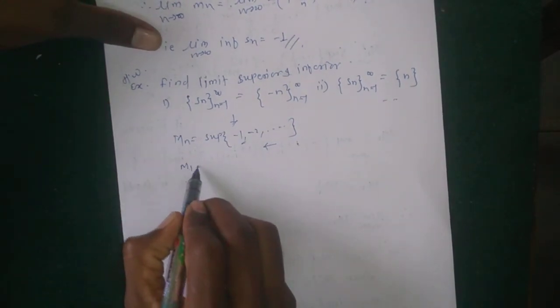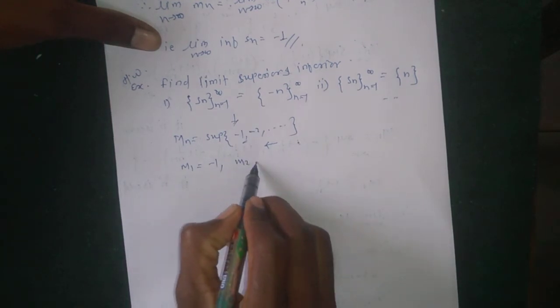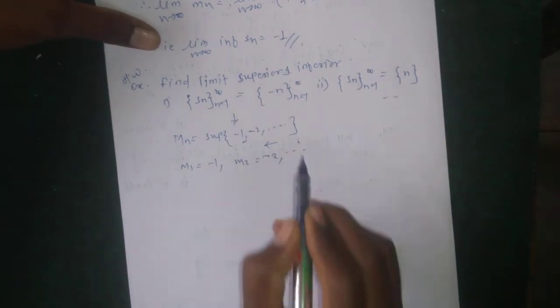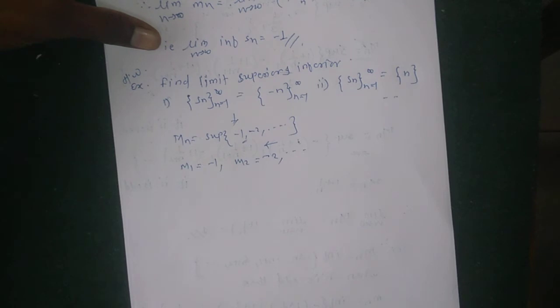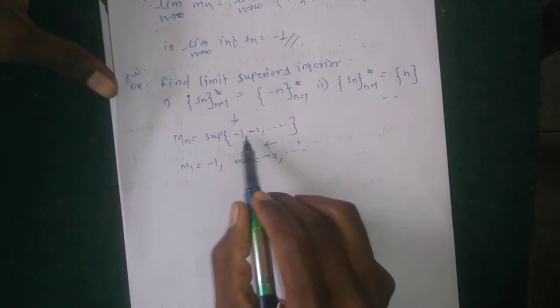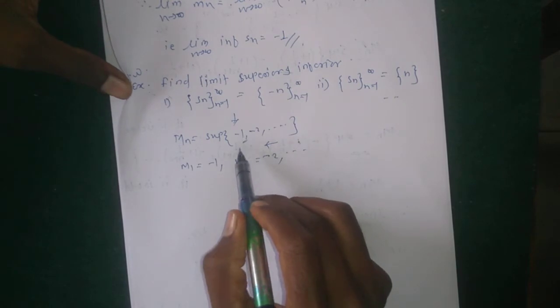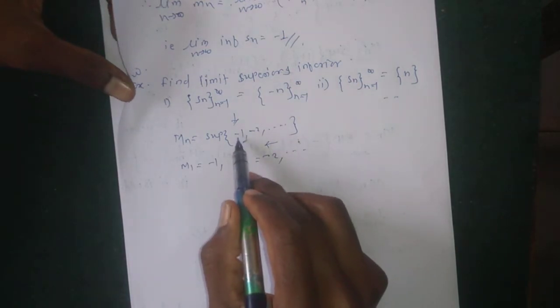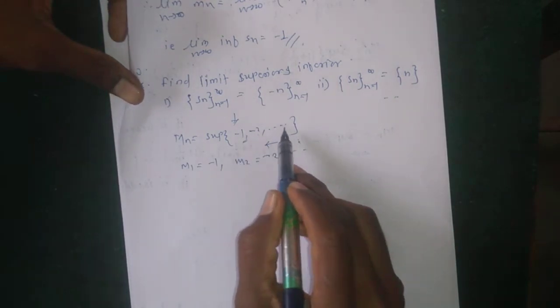Therefore m1 is equal to minus 1, m2 is equal to minus 2, and so on, because the supremum of all these terms is minus 1. Then m2 is equal to minus 2, minus 3.